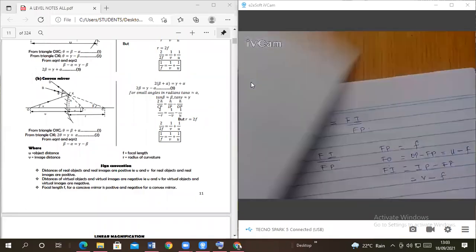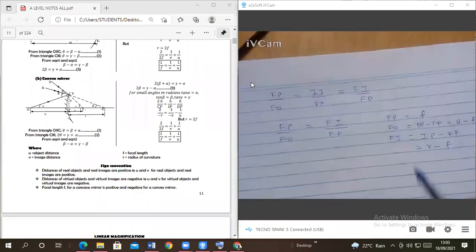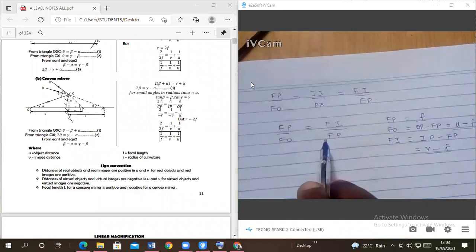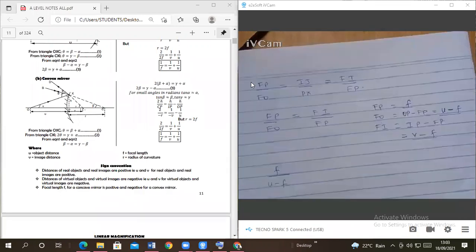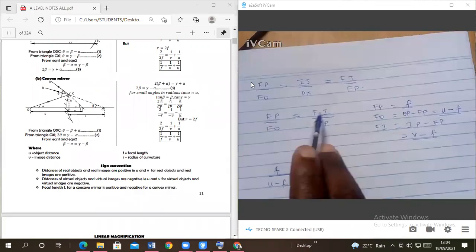All right. So now I'm going to substitute this and this in this expression. My Fp is F. So I'll have F out of Fo. Fo is U minus F equals Fi.